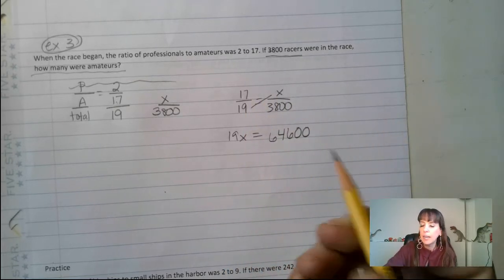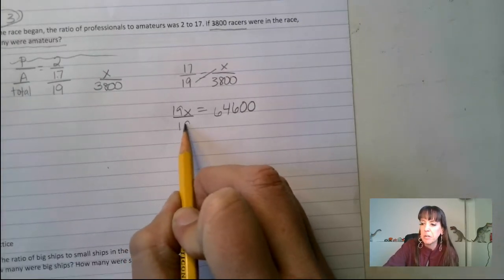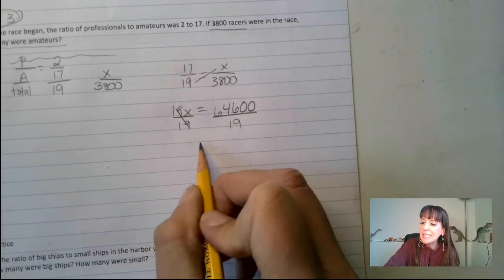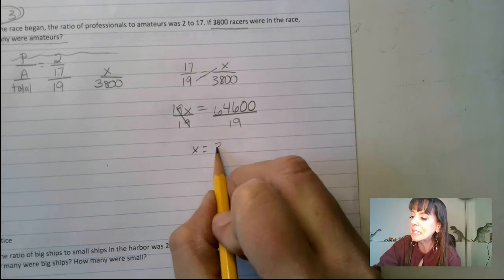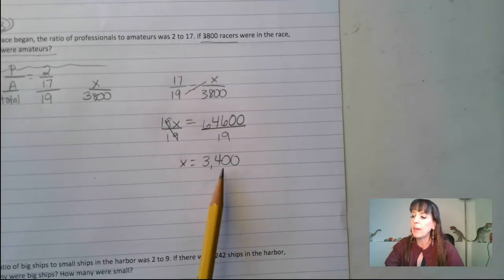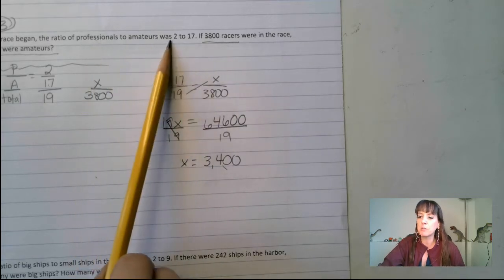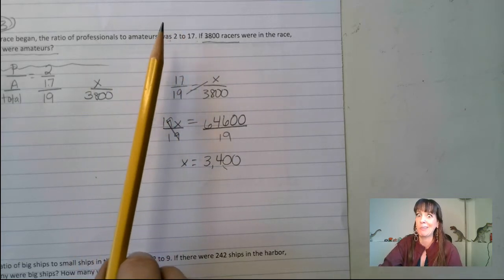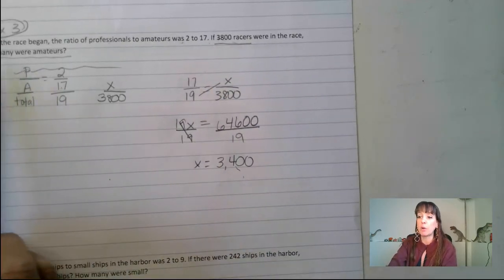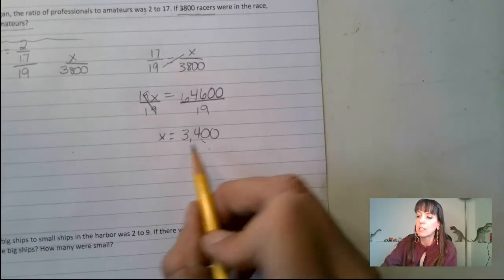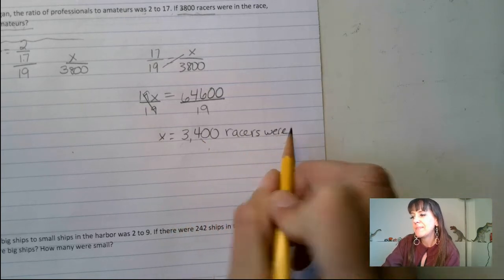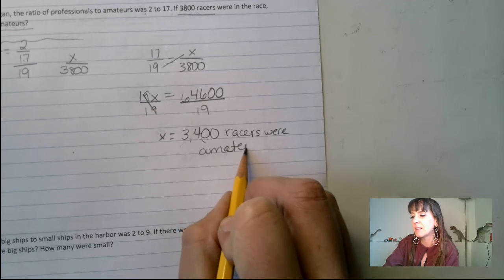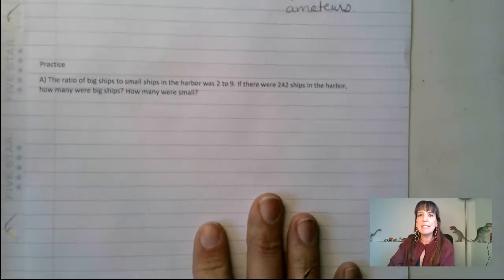Now to get that x by itself, we're going to divide both sides by 19. We get x equals 3,400. That makes sense because for professionals, there's 2 for every 17 amateurs, so that means there are a lot of amateurs. And that's exactly what we were looking for. How many were amateurs? 3,400 racers were amateurs.